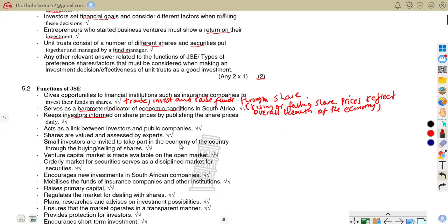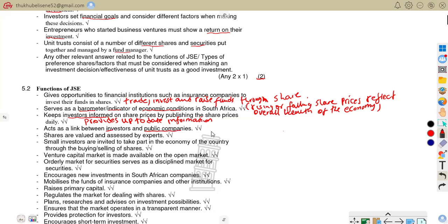It provides up-to-date information so that investors can make decisions. That is that.